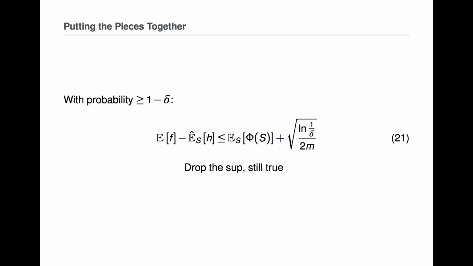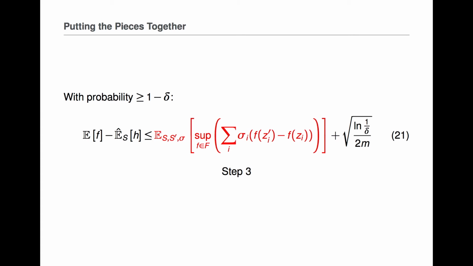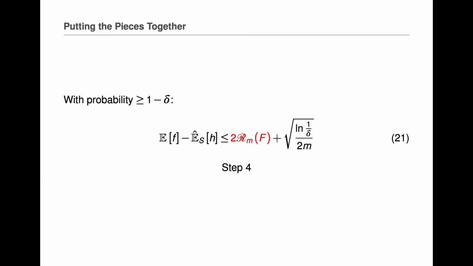In the second step, we rewrote the expectation over all sets S as a difference between two sets S and S prime. And we created this ghost set that treated these as Rademacher-looking variables, which we used some algebra to turn into exactly two Rademacher complexities.